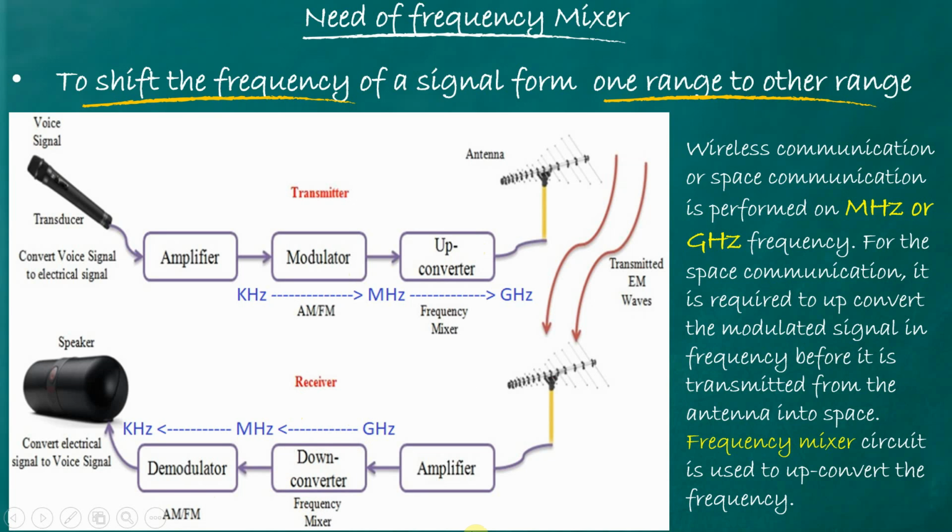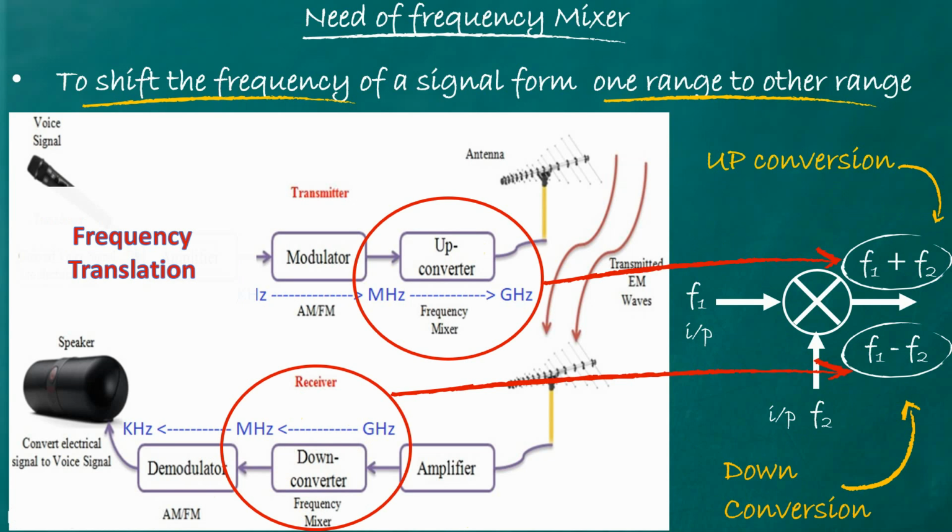So in short, for frequency translation purpose, at the transmitter side low to high frequency, and at the receiver side high to low frequency translation, a frequency mixer is used, right? Low to high translation of frequency is known as up conversion, and high to low frequency translation is known as down conversion, right?